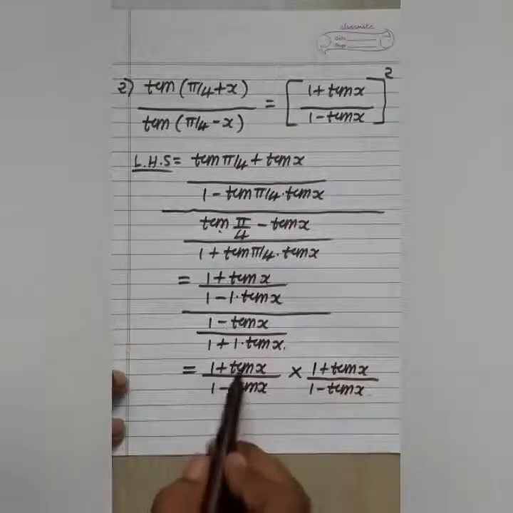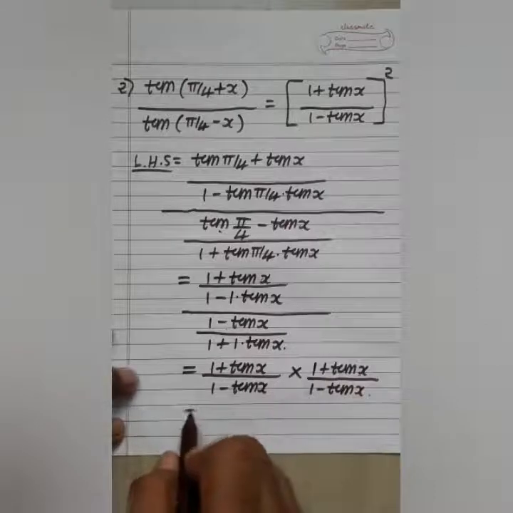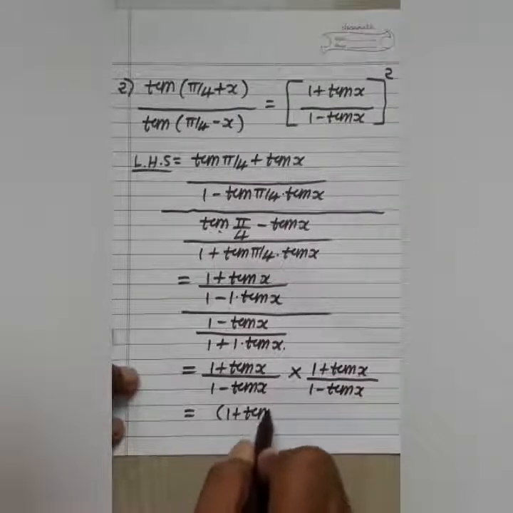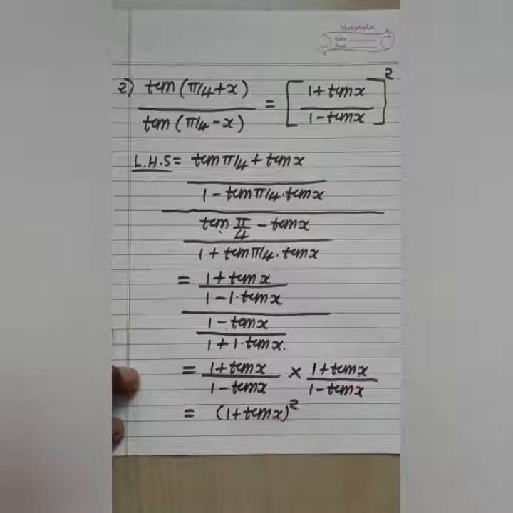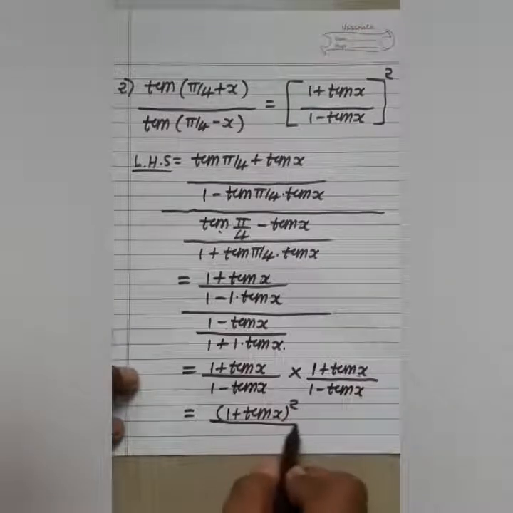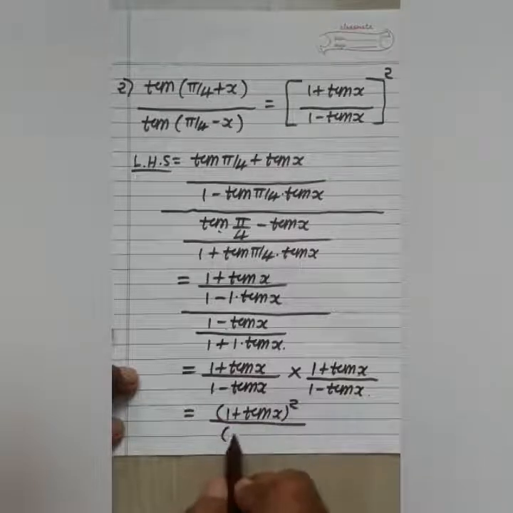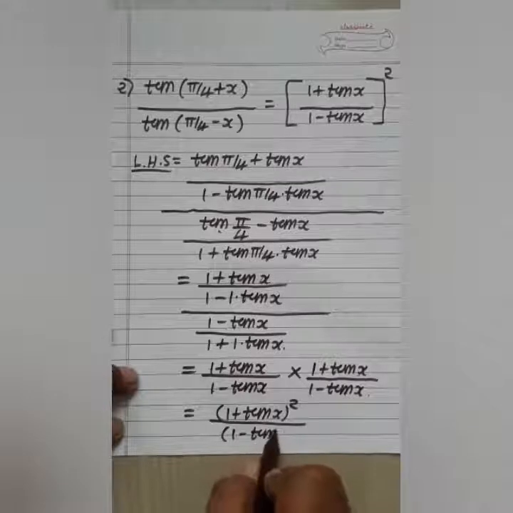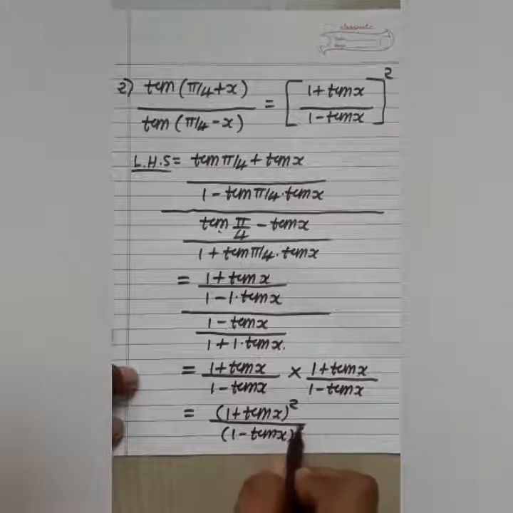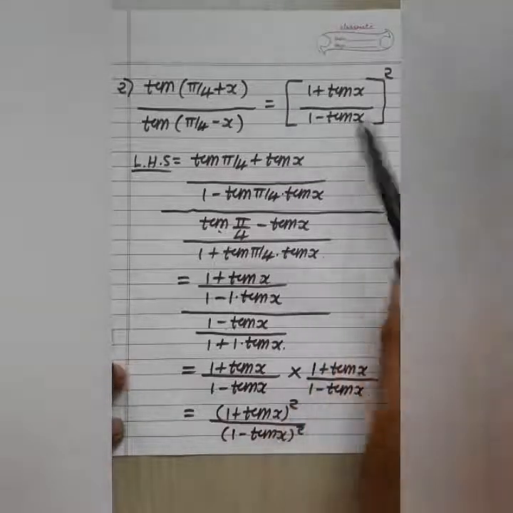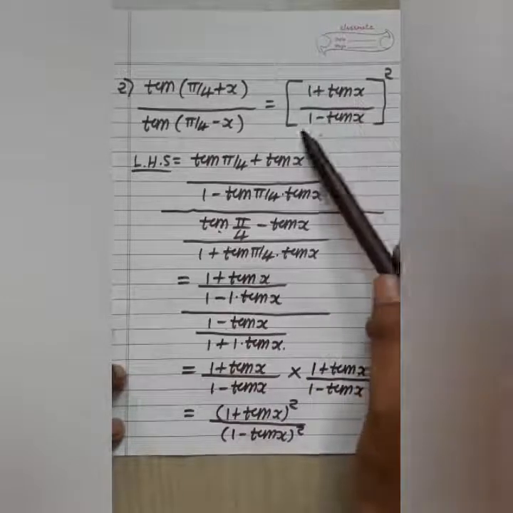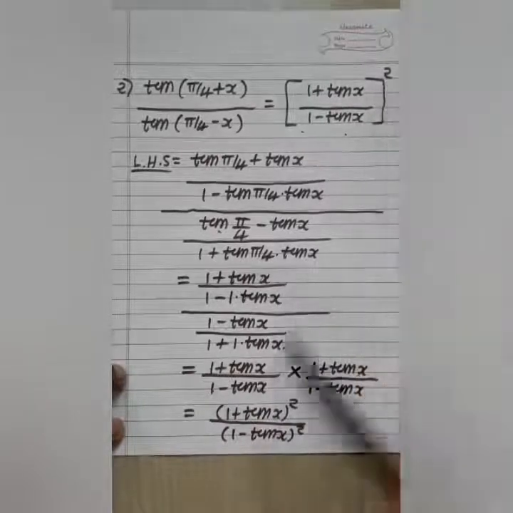Now (1 plus tan x) into (1 plus tan x) means (1 plus tan x) whole square. In the same way in the denominator, (1 minus tan x) into (1 minus tan x), that means (1 minus tan x) whole square. We can also write this as (1 plus tan x upon 1 minus tan x) whole square.